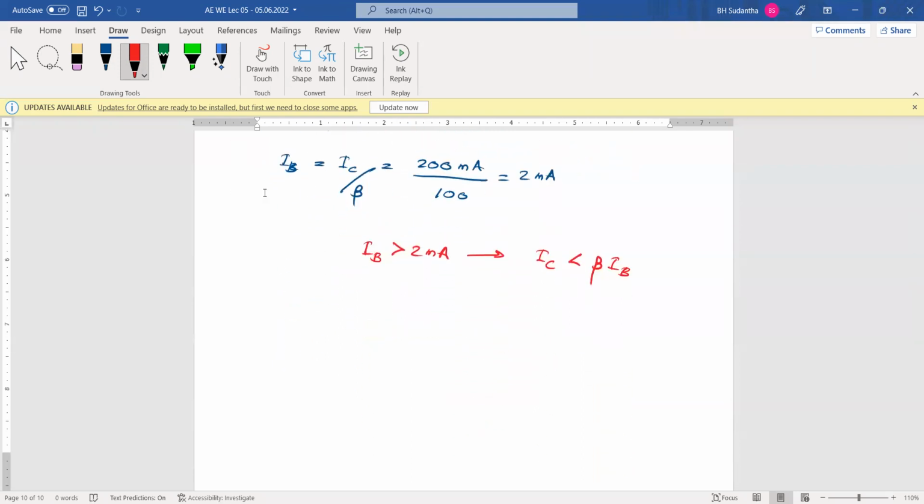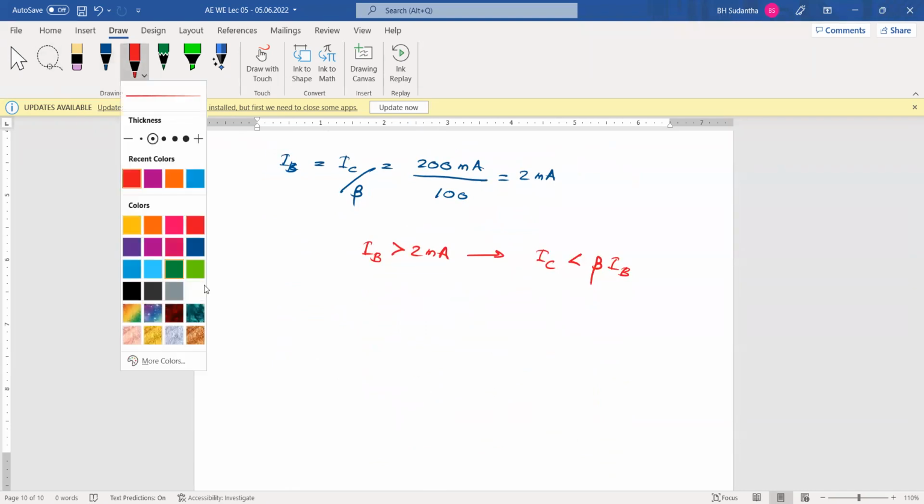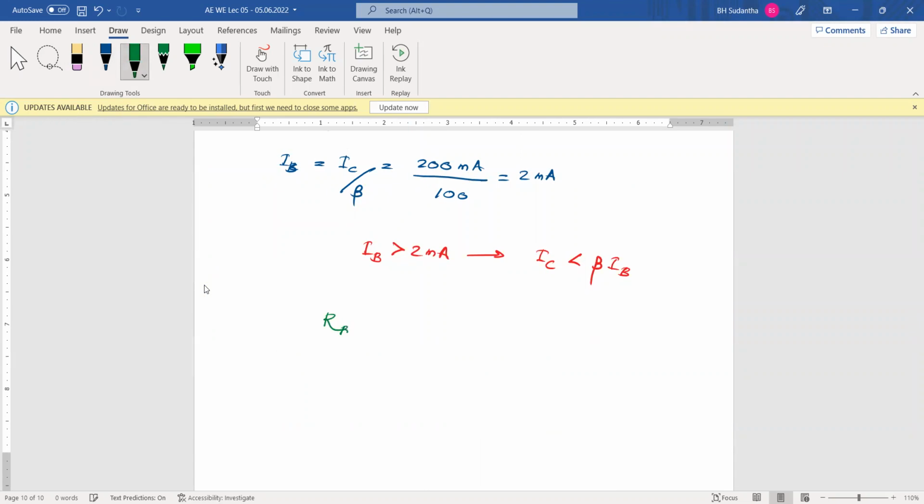Then we can find RB here. RB equals 4.3 volts divided by 2 milliampere, but you have to remember that IB should be more than 2 milliampere, but okay, here the marginal value we can find this way.